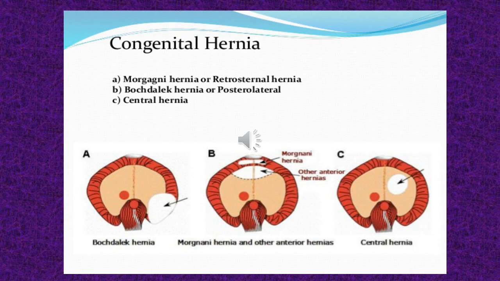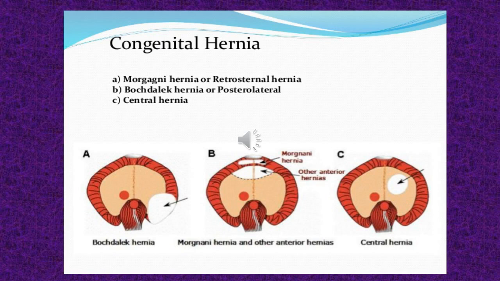It is more common on the left side. There is a free communication between the pleural and the peritoneal cavities. Such a hernia may cause death of the infant within a few hours of birth due to acute respiratory distress caused by abdominal viscera filling the left chest. This hernia requires operation in the first few hours of life.